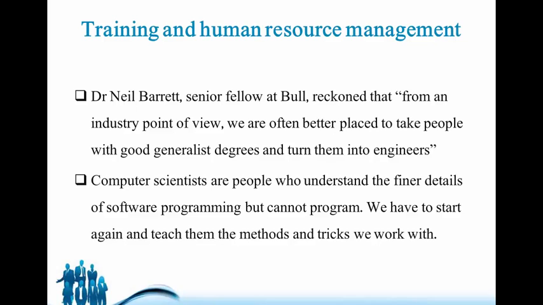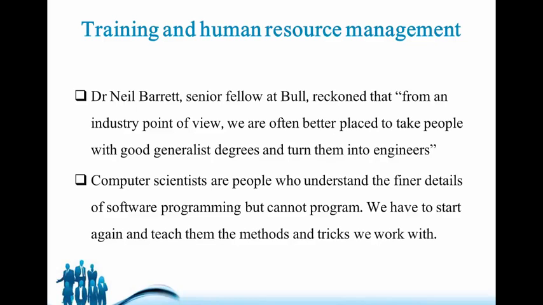Next complaint from industry is that computer scientists are people who understand the finer details of software programming but cannot program. We have to start again and teach them the methods and tricks we work with. This situation is also very thought provoking. There is a huge gap between what is being taught in universities and what is being implemented in industries.